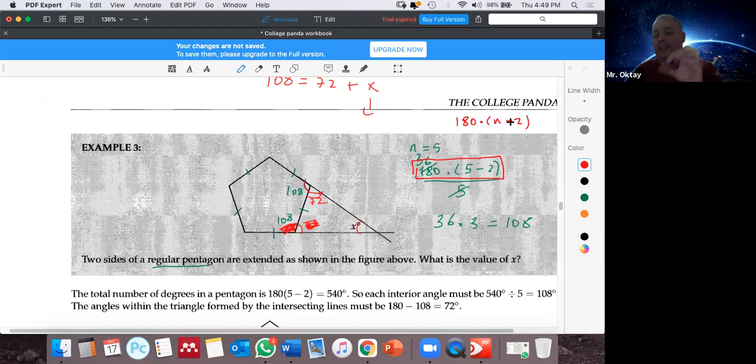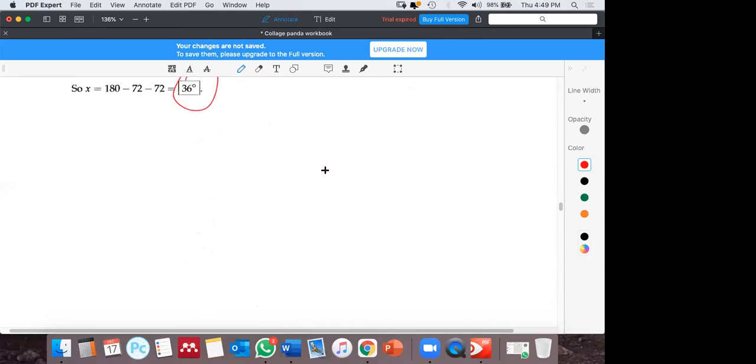Regular means one interior angle is that divided by n. When we know this property, we can solve this question. Otherwise, we cannot solve the question. Nothing is given. We cannot solve. Okay?